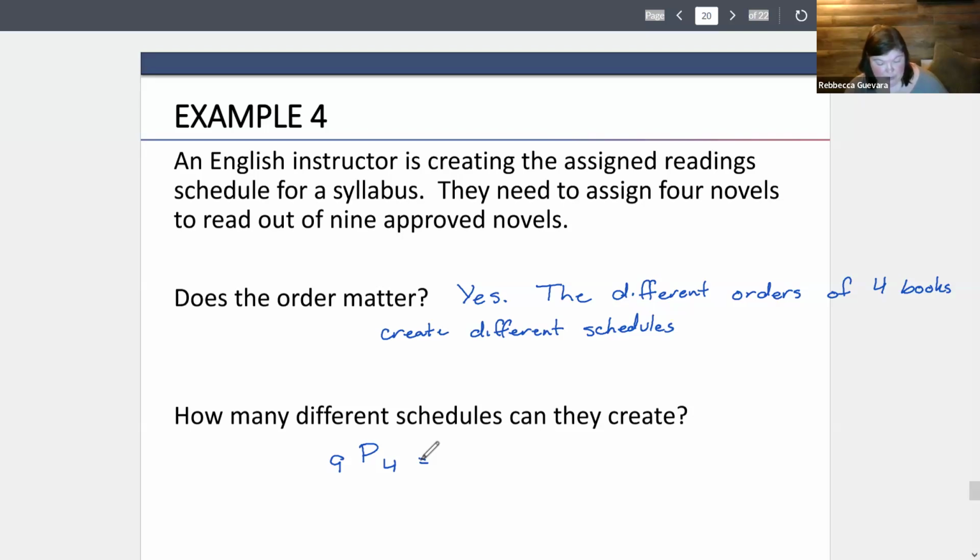So this is going to be 9 choose 4. In that case, we have 3,024 different possible schedules that can be created for the syllabus, depending on what books we pick and the order of those books.